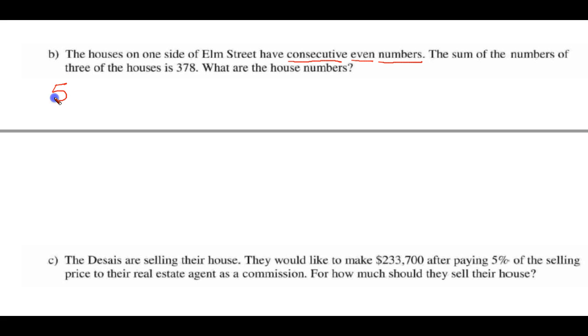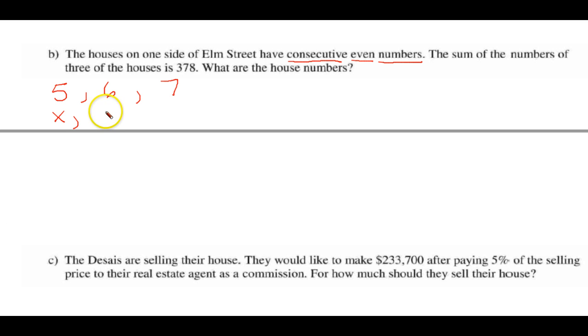And if we had 5, and we had 6, and we had 7, these would be 3 consecutive numbers. Now, if we wanted to put this into algebra, and 5 was x, how would I write 6?